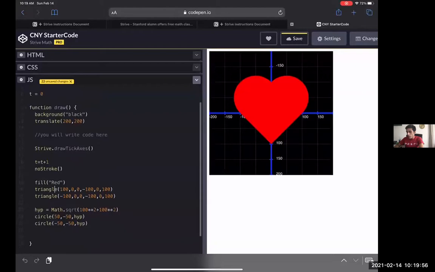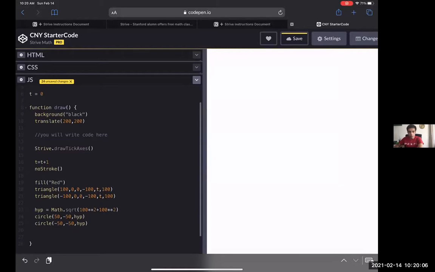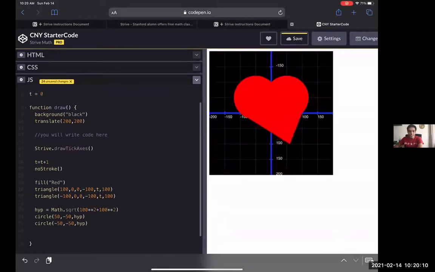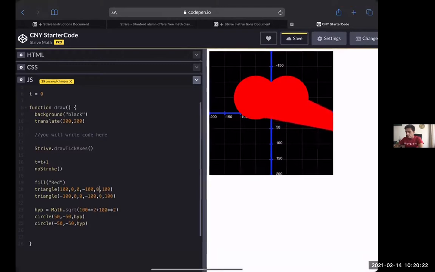I can put my variable at one of the coordinates of this. So let's say T here, T here. Check this out. Look at that, my heart is moving. Are you seeing that? So you can put these variables literally anywhere and it will move.